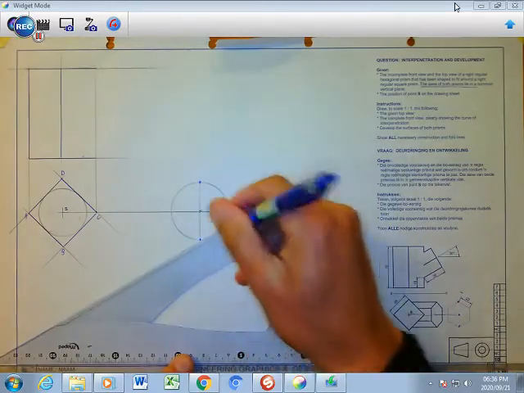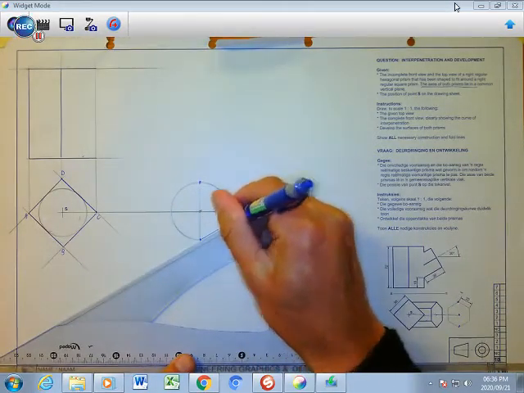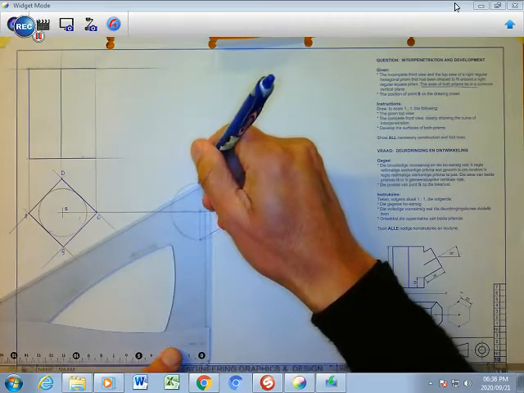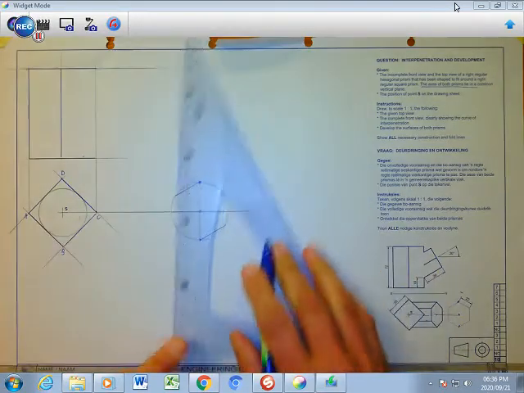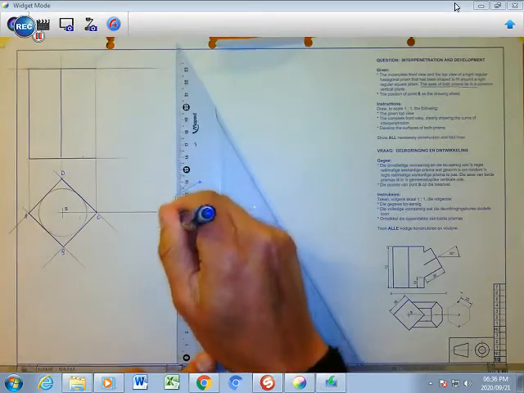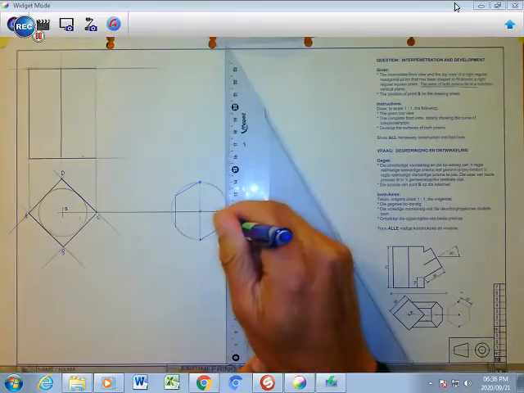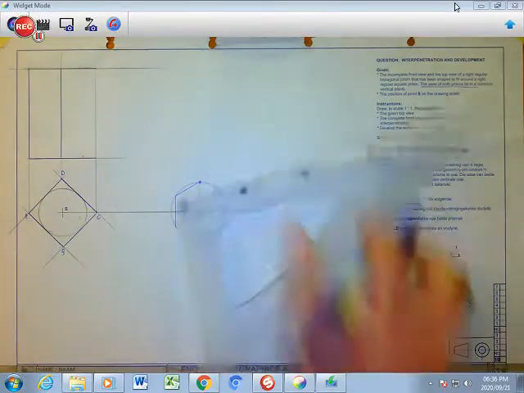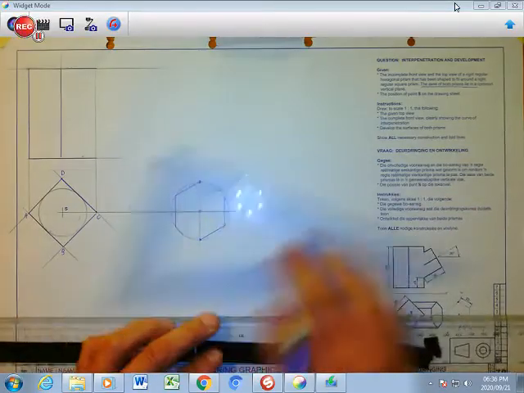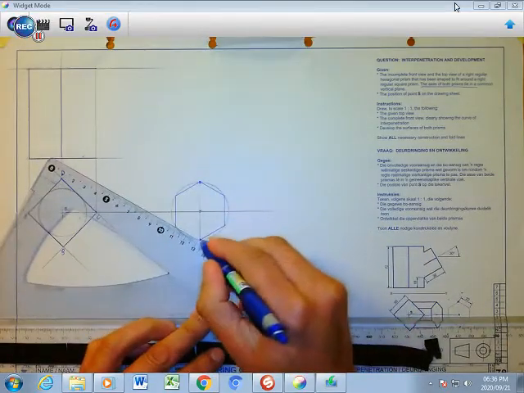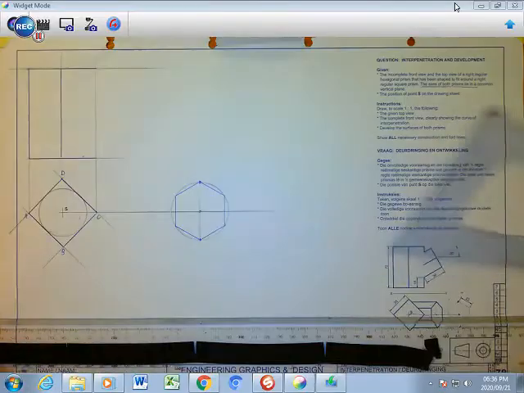So I'm going to do my angle of 30 there, and I'm going to do an angle of 30 here, touching my circumference like that. And then it comes down, and then I can take this up like that there, and then 30 degrees to the other side. Please do not draw in pen. I'm just drawing it because I want you to see clearly what's happening here.